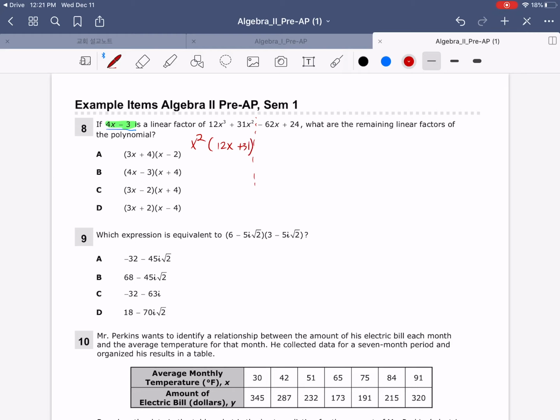Okay, here you can take away what? 24? No, you cannot take away 24. Does 12 go into here? No. What can you take away? Let me see, what else can you take away?